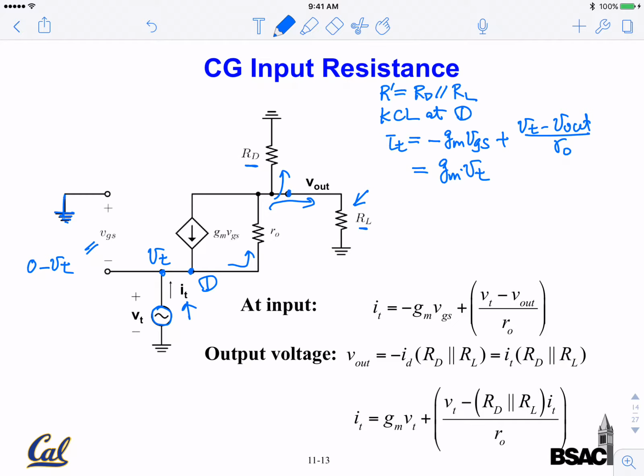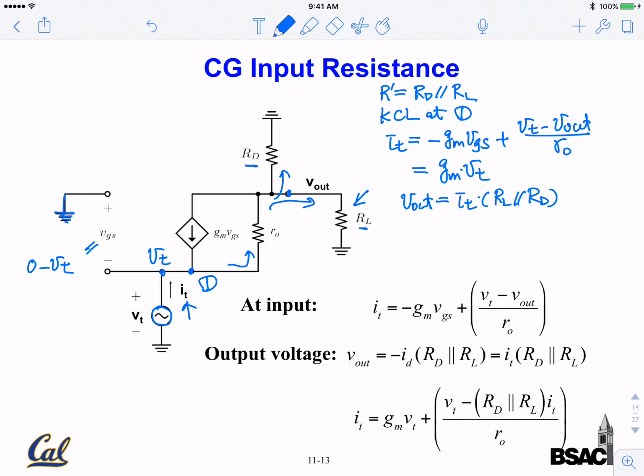So V out is equal to IT flowing through RL in parallel with RD, which would be the voltage at the output.